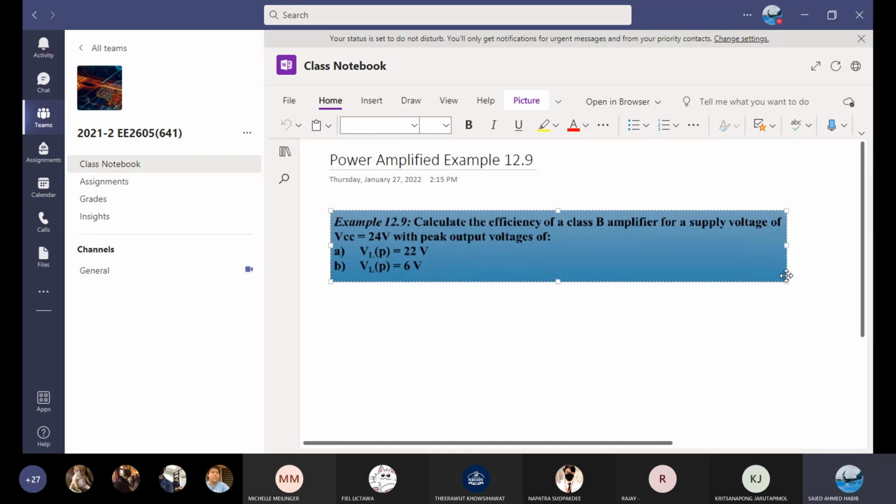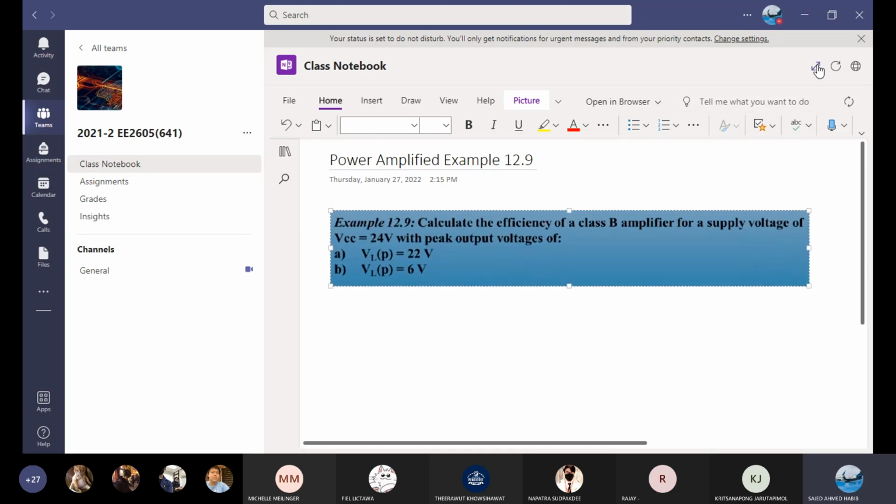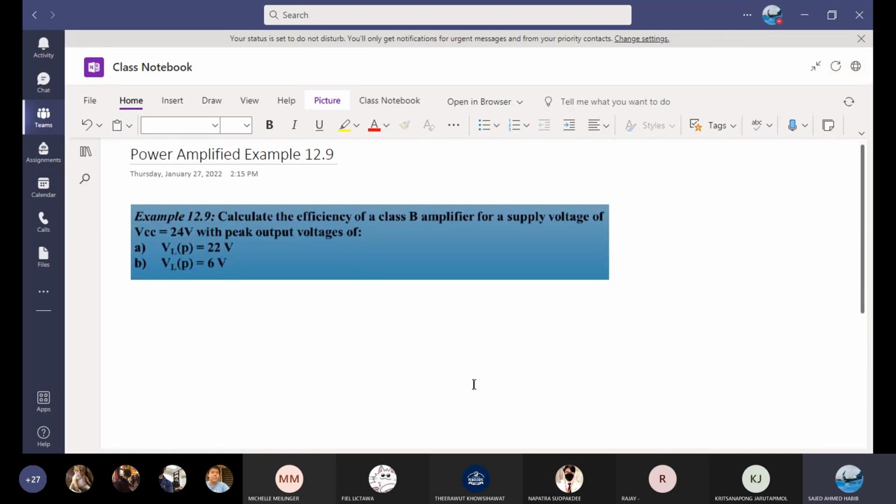Phil and Silicon. Phil, for Phil, we have this example 12.9. It's a kind of dark background. Hopefully you can see it. There's a class B amplifier with the supply voltage VCC 24, and VL peak is given in two cases.